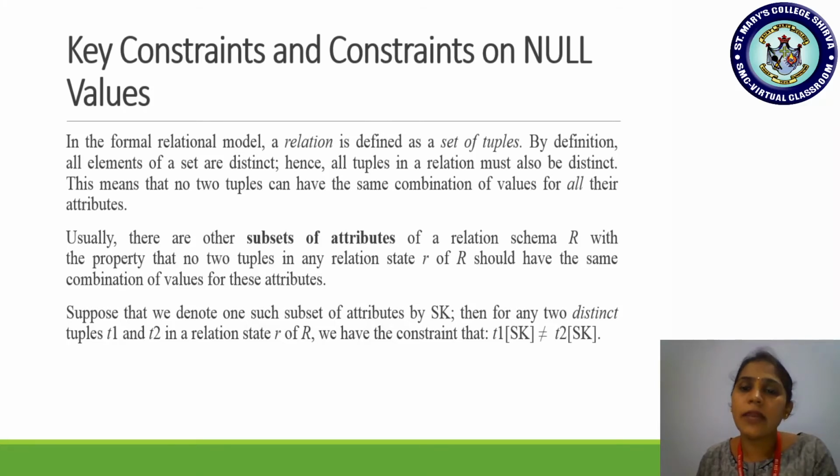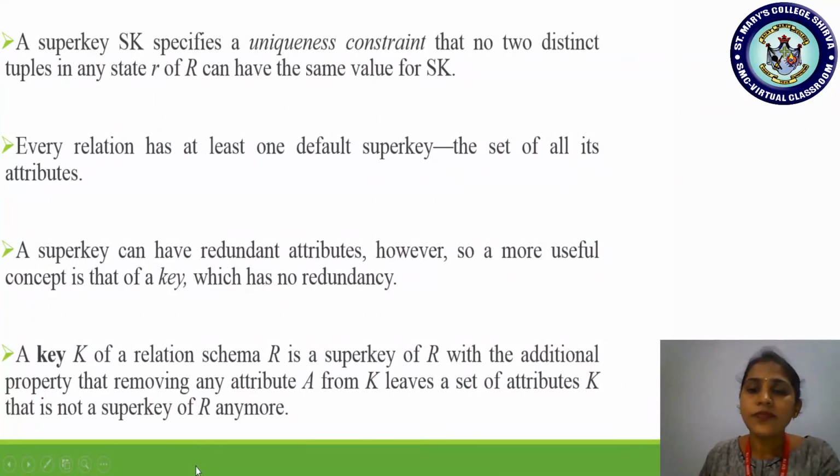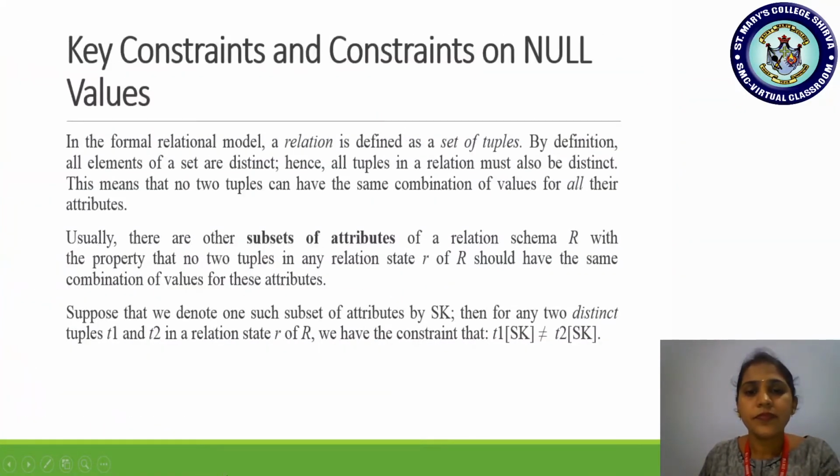Your roll number and name do not match your friend's. Your subset of attributes and your friend's subset of attributes will not be equal. Is that clear? This is one of the constraints: T1[SK] is not equal to T2[SK]. If there are multiple tuples, multiple rows, the first row's information will not be equal to the second row's information.